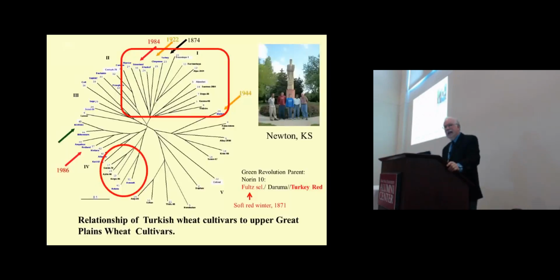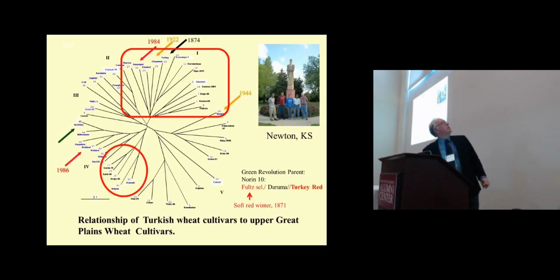So then we looked at Turkish lines. We looked at Nebraska lines. The Turkish lines are the ones in black. The Nebraska lines are the ones in red. If you look at the clusters here, what you can see is there are some clusters where the red and the black mingle.